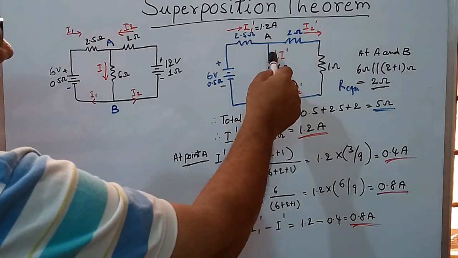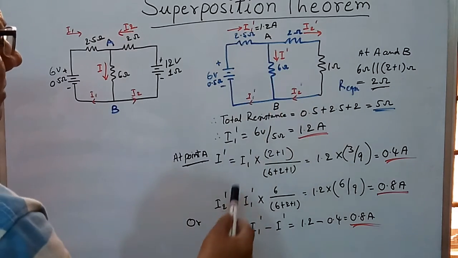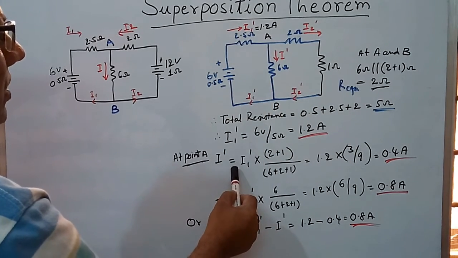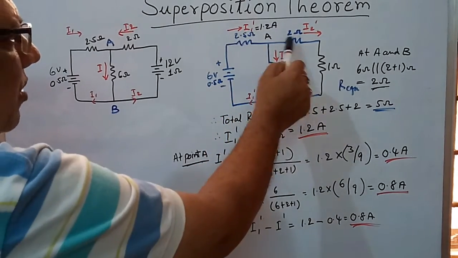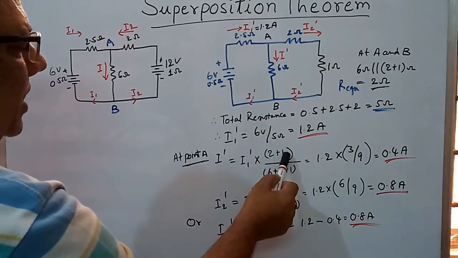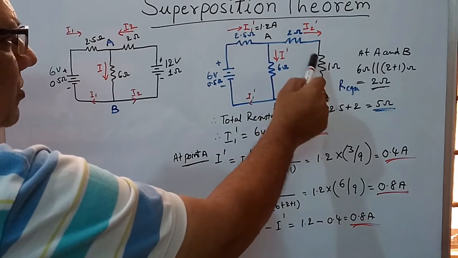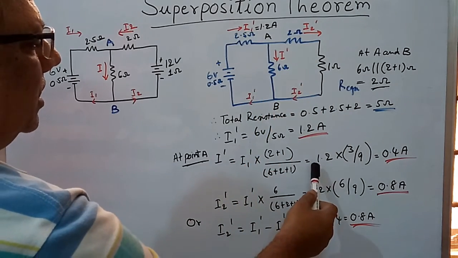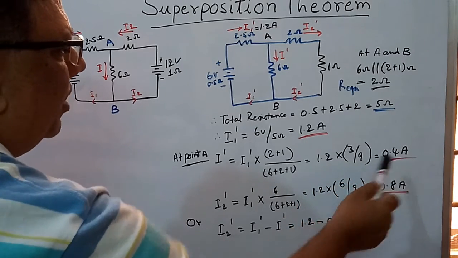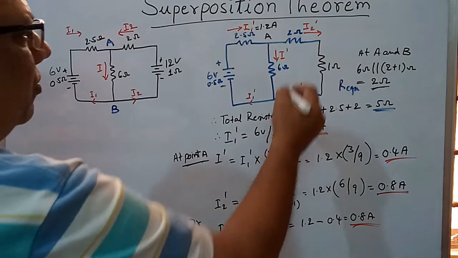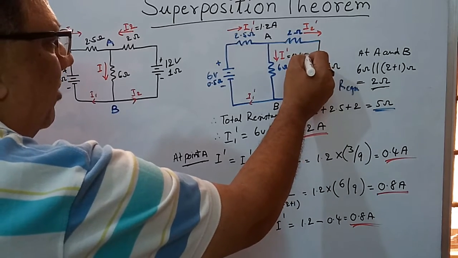So the current I dash flowing through the 6 ohms resistor will be I dash equals I1 dash, that is the total current, multiplied by the opposite resistance, that is 2 plus 1, divided by the total resistance, that is 6 ohms, 2 ohms and 1 ohm, that is equal to 1.2 into 3 by 9, that is 0.4 amperes. So we know I dash is now 0.4 amperes.